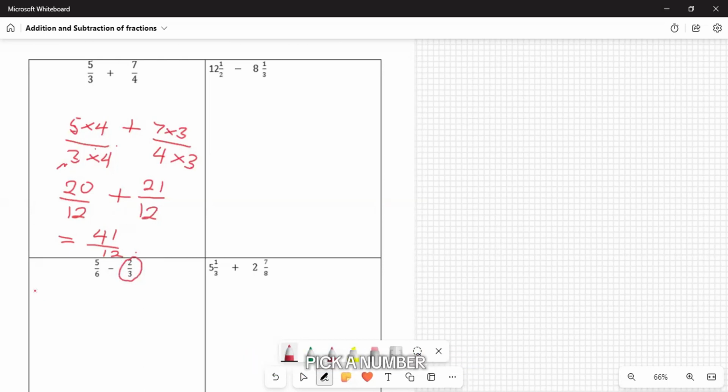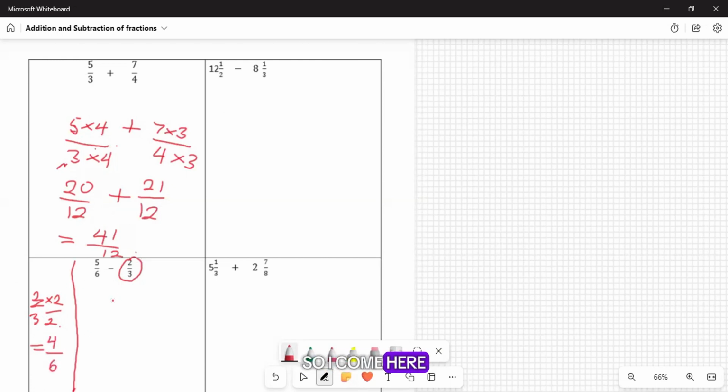You know that when you multiply 3 by 2, we get 6. So we pick 2. So we have 2 over 3 multiplied by 2 over 2, so that I can easily get my denominator to be 6. And this will be equal to 4 out of 6.